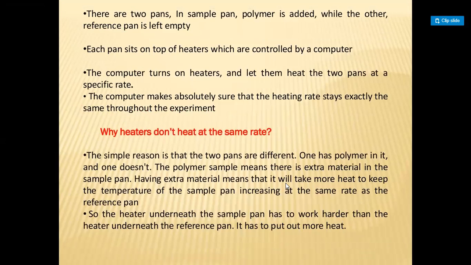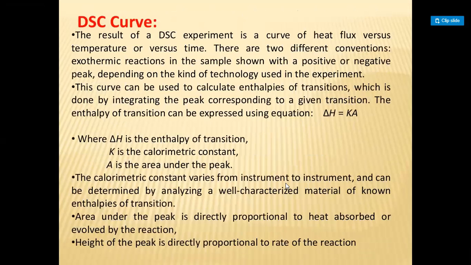Each pan sits on top of a heater, controlled by a computer. The computer turns on the heaters and heats the two pans at a specific rate, and makes absolutely sure that the heating rate stays exactly the same throughout the experiment.